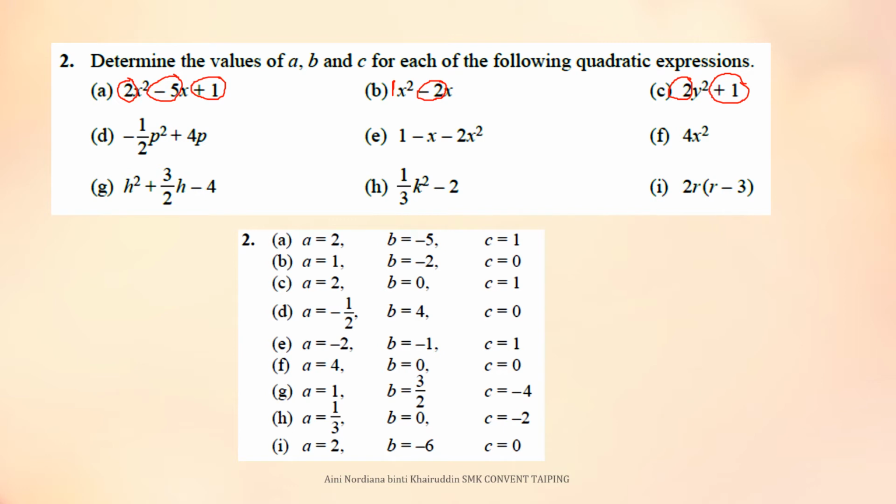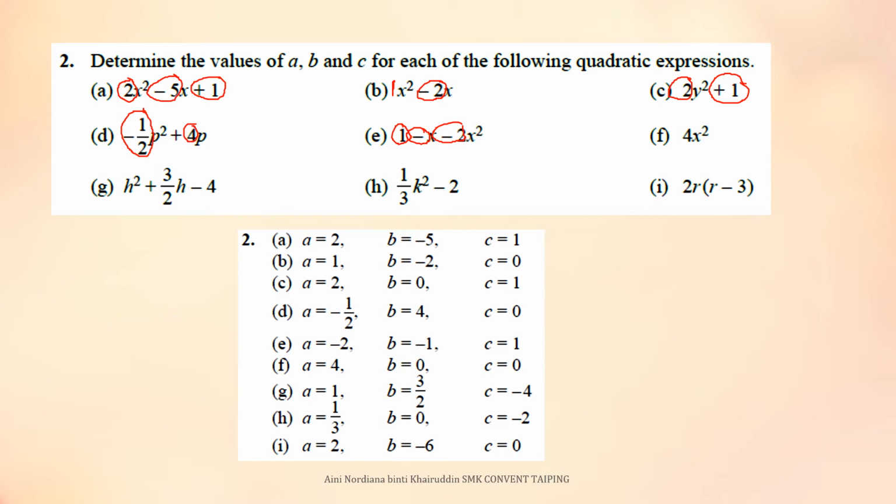For D, negative 1 over 2 is the value of a, 4 is the value of b, while c is equal to 0. For E, negative 2 is the value of a, negative 1 is the value for b, and 1 is the value for c.